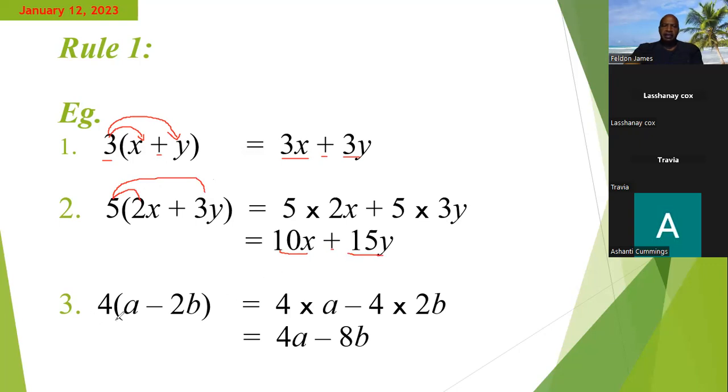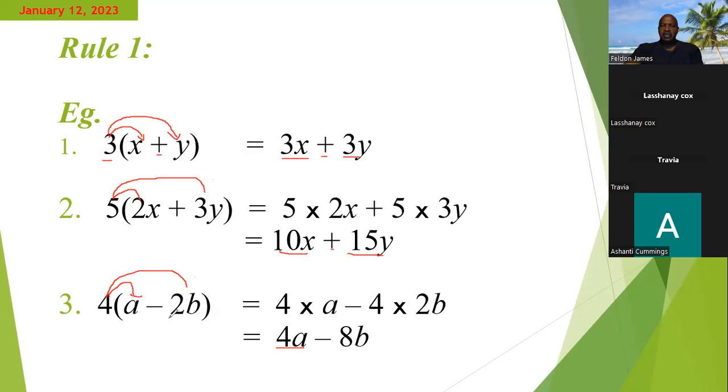All right. Now, we have to pay attention to the signs when we have them. So we have 4 times a, which will just give you 4a. And now 4 times negative 2b. Don't overlook the sign. This is going to be positive times negative, which will give you back negative.